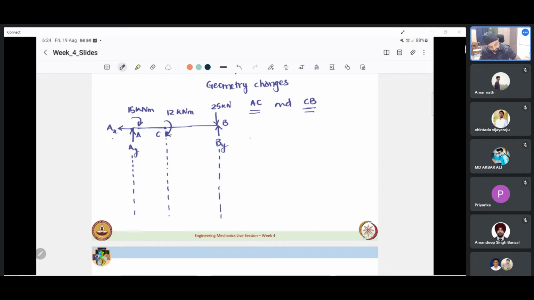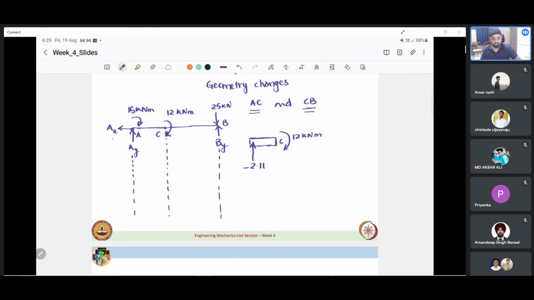Okay, now if I were to take section AC, for the sake of convenience I drew it as a line diagram, but actually section AC is like this, where this is point C, where a couple is applied, 12 kilonewton meter. And then we have A, where a force of minus 2.11 is applied.